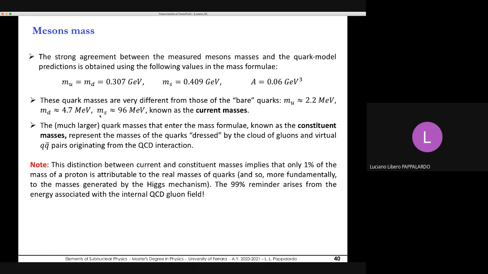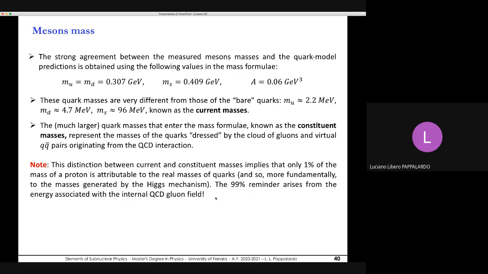And the current masses, as we will study at the end of the course, are those that quarks achieve by interacting with the Higgs field, so through the Higgs mechanism. In other words, 99% of the mass of the proton, and so the mass of matter that surrounds us, does not come from the Higgs mechanism, but instead from the internal QCD gluon field, or from the internal energy of QCD.